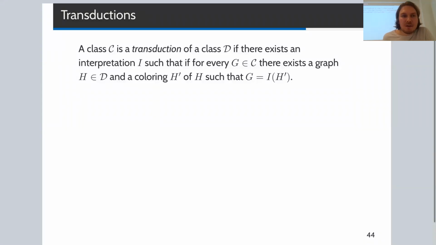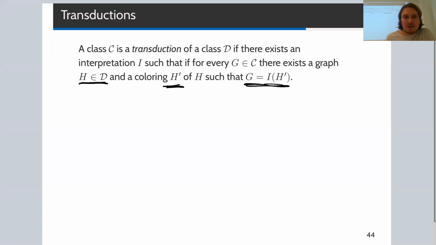So we say that a class C is a transduction of a different class D. Just talking about graph classes here. If there exists an interpretation such that for every graph G in C, there exists a pre-image H of D and a coloring H prime of this graph such that G is the interpretation of H prime.